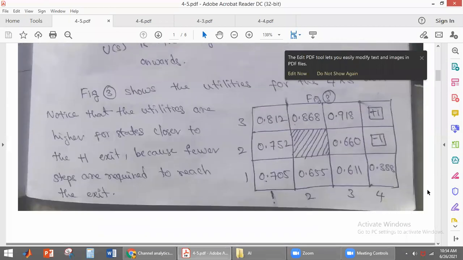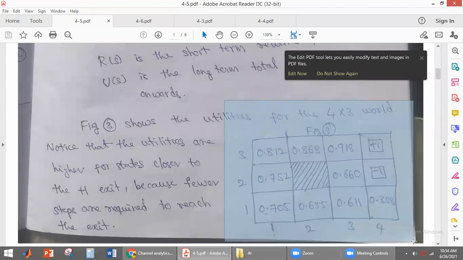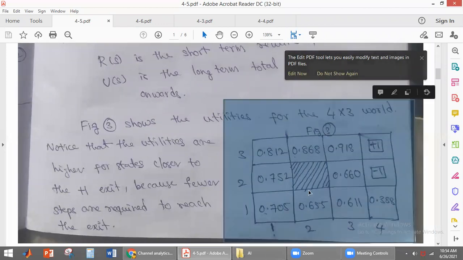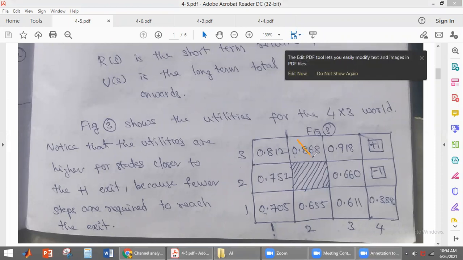And for example, this is the way the utility values are assigned to the 4x3 environment. If the agent is in this location, which direction will the agent prefer? The preferred direction will be this direction, because here it is having the highest utility value.